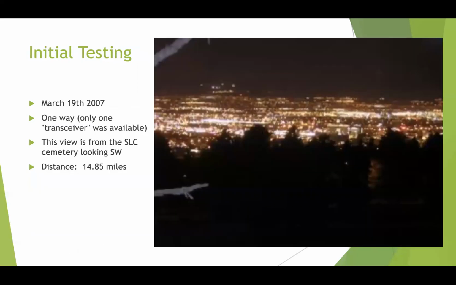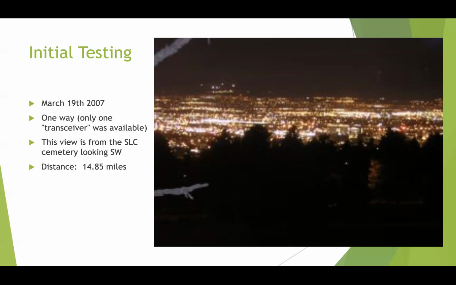So, okay, this is his initial test. In this test, he only had the first transceiver available, and so he went out on the road on the southwest end of the valley.